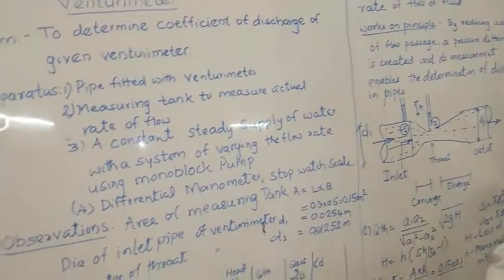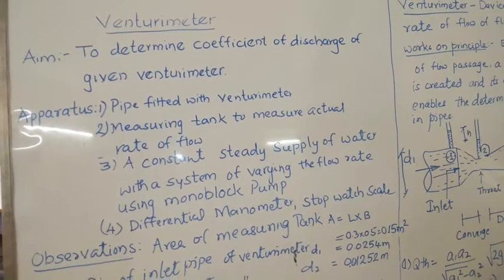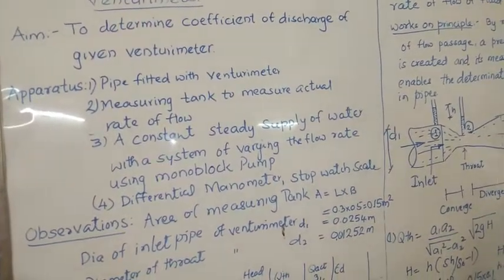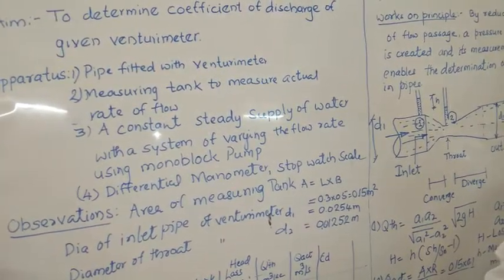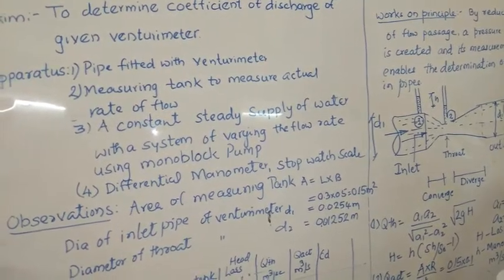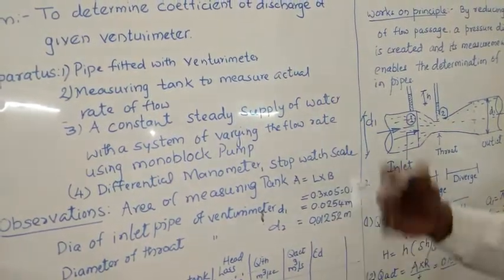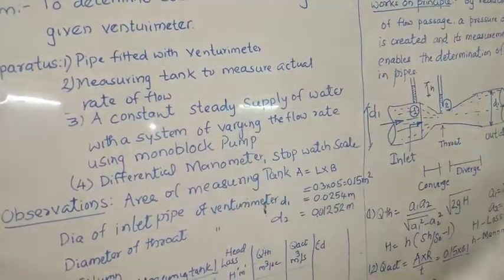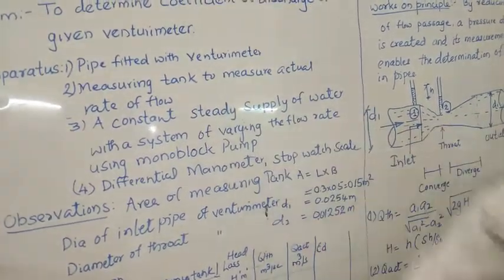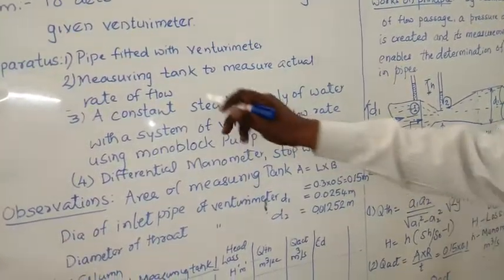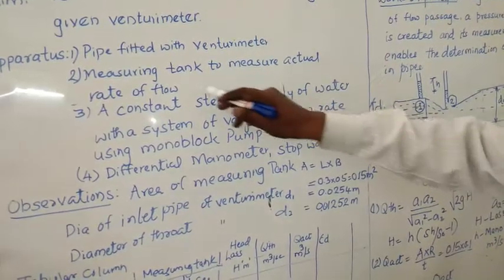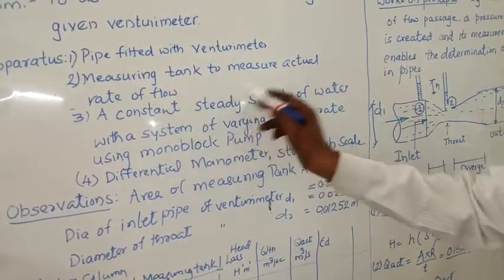Here we can collect a known quantity of water, a known rise of water, and the time required. Measuring the surface area of the measuring tank, multiply by the rise of water divided by time, and you will get the actual discharge collected in a certain time. That is how you can calculate it.